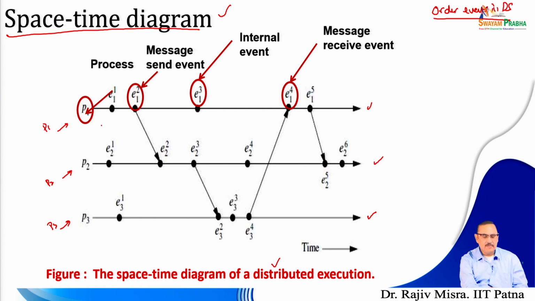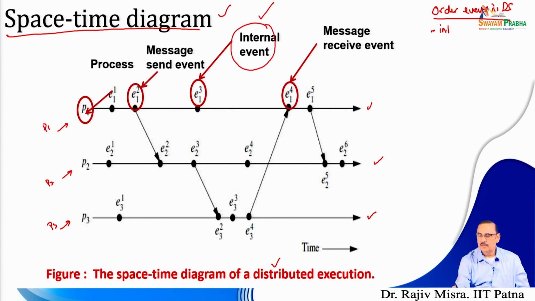Now, P1 will have the event E1, and internally another event happens in the same process, called E2, E3, E4, E5 and so on. They are all called internal events.